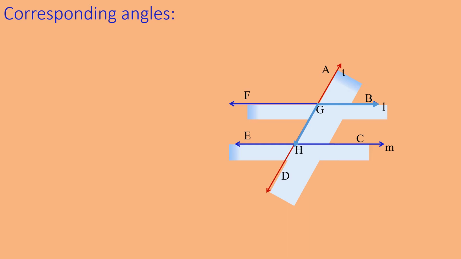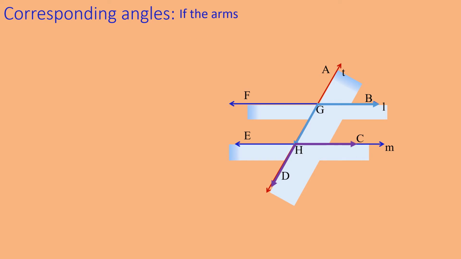You will find that the horizontal line, that is the rectangular shade at line L, and the vertical shade are intersecting at point G, and an angle is formed, that is angle BGH. The second angle is formed at CHD.